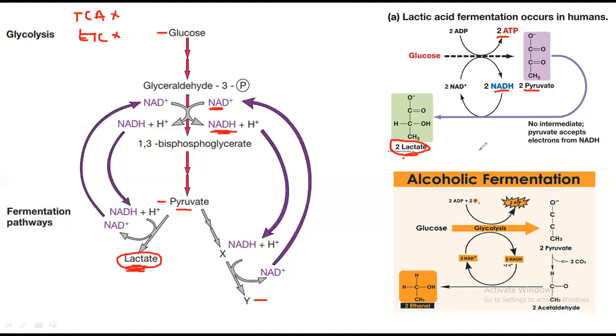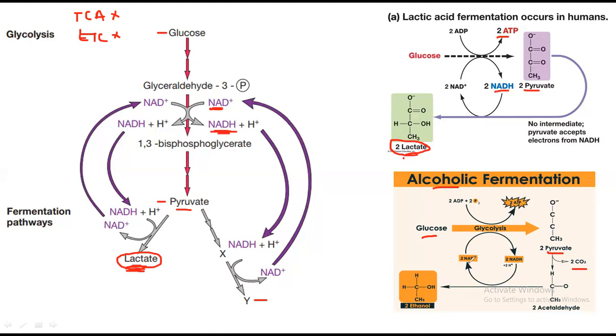It is also known as homolactic fermentation. If we look at the other type of fermentation, alcoholic fermentation, here the glucose is converted into pyruvate, and after that this pyruvate is converted into acetaldehyde, and after that to ethanol, and CO2 is also produced.